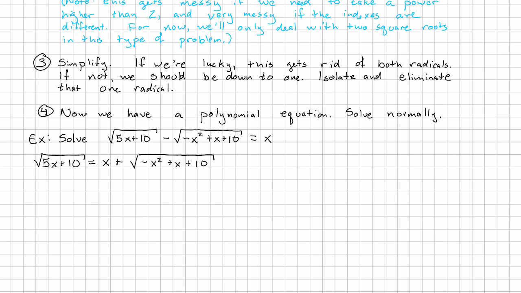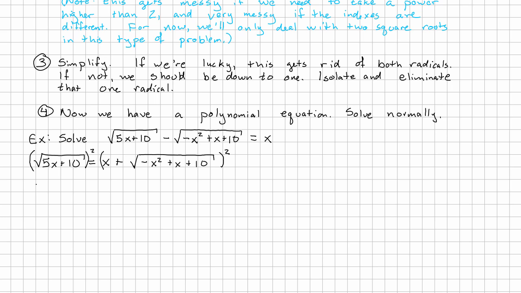Okay. So now I have to square both sides to eliminate that first radical. And noticing that there are 2 terms on the right, I'm not going to be lucky enough to eliminate the second radical as well. What do I have here?